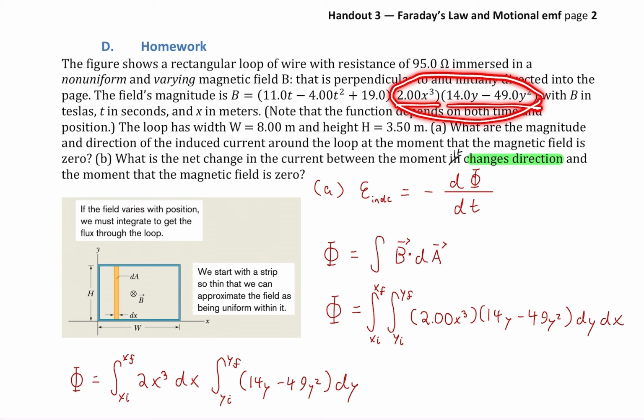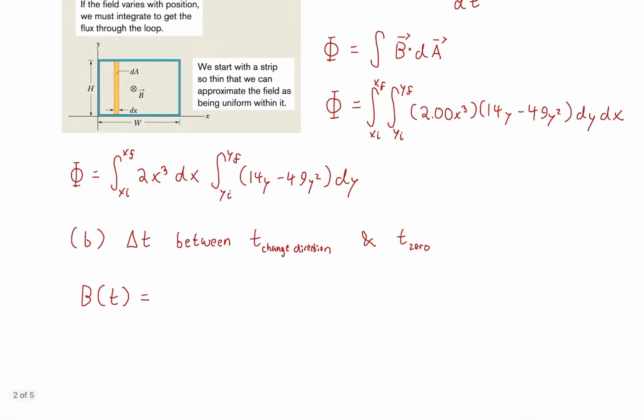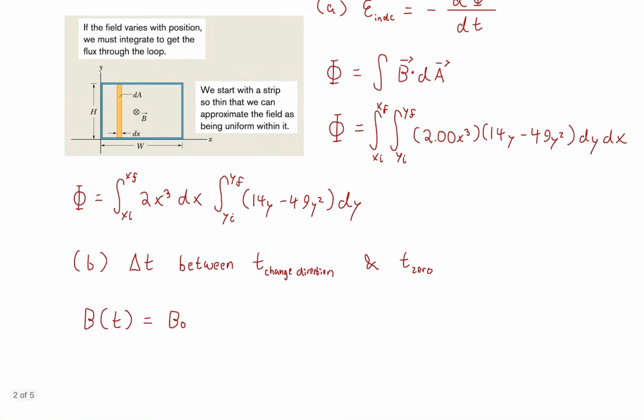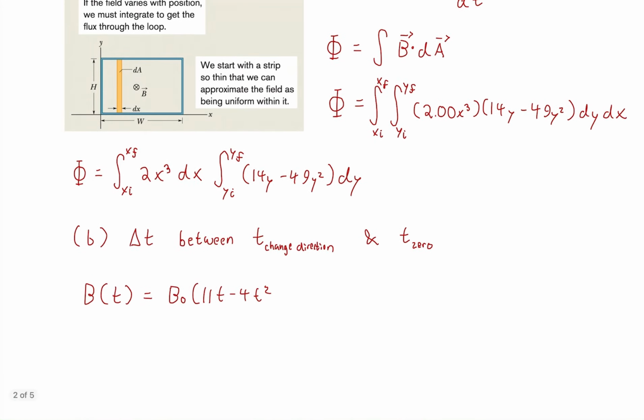It's going to be some leading number, the coefficient on the time part. So we could say it's like B naught, the part we found through integration, times the time function part of it, which would just be our 11t minus 4t squared, and then plus 19.